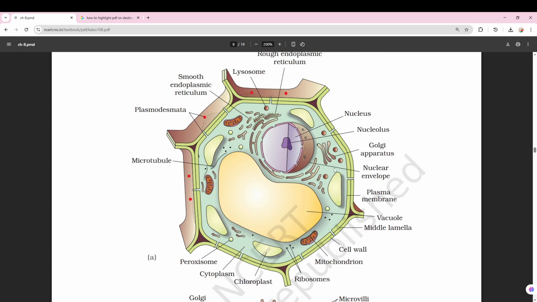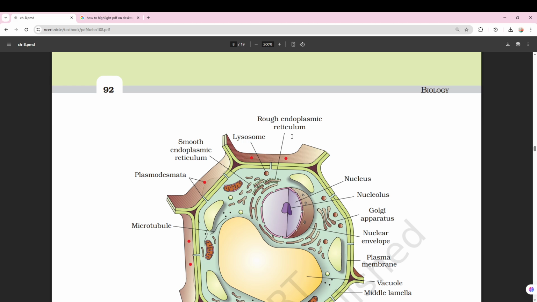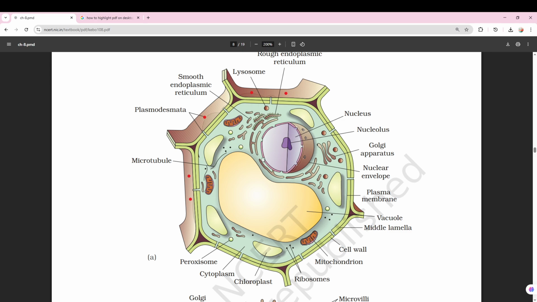This is the plant cell in which this is the rough endoplasmic reticulum because it has ribosomes. This is the lysosome that was produced by the Golgi apparatus. This is the Golgi apparatus.